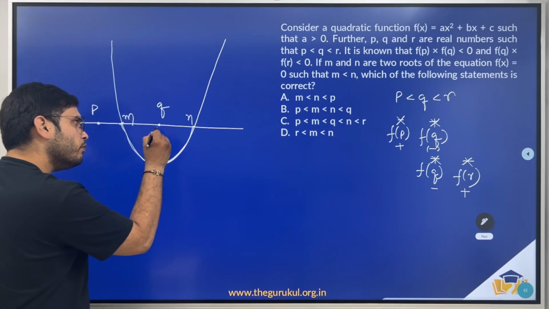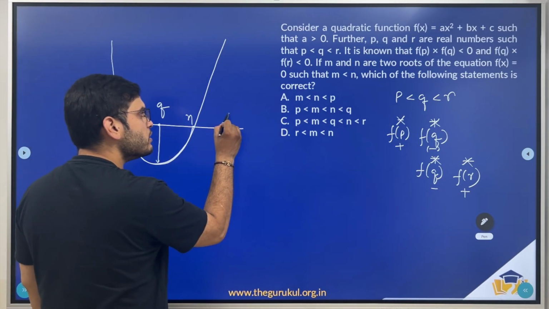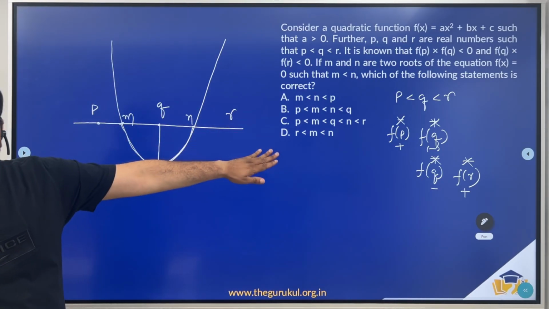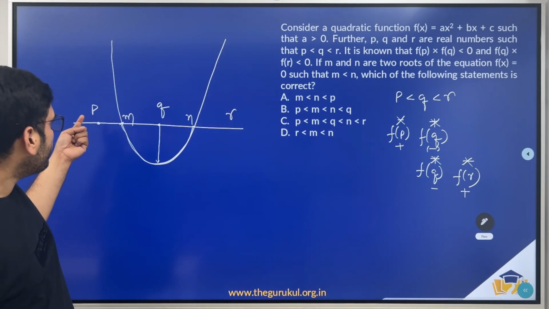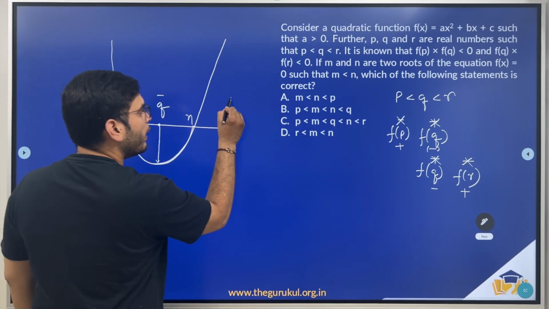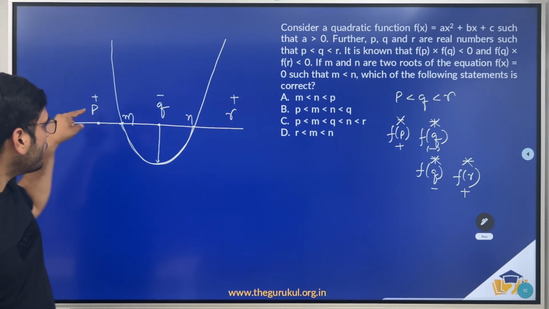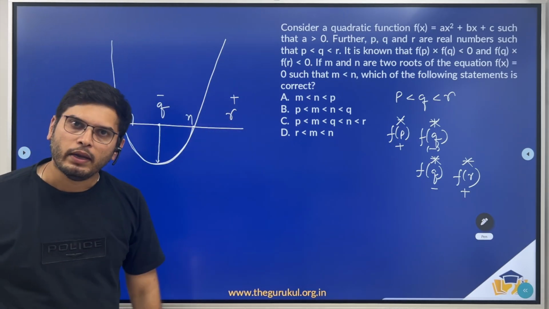What is the value of f of q? Negative. And let me consider r, a point greater than n. What is the value of f of r? Positive. So f of p is positive, f of q is negative and f of r is positive, so that f of p into f of q is negative, and f of q into f of r is also negative.